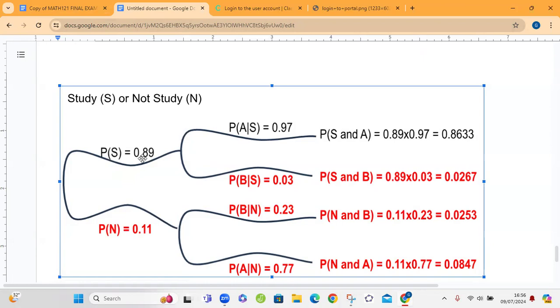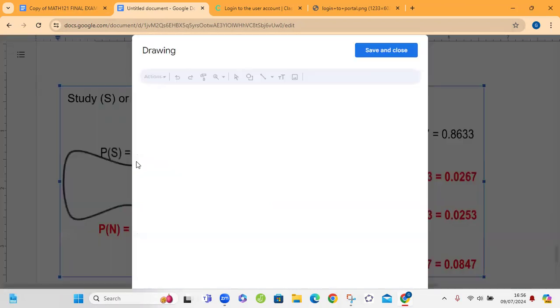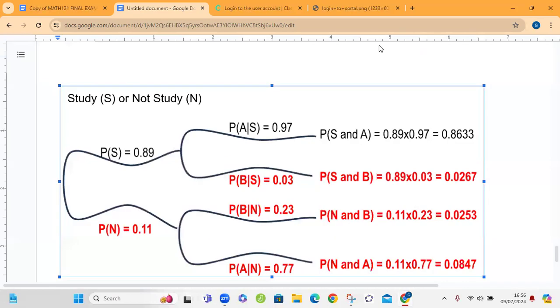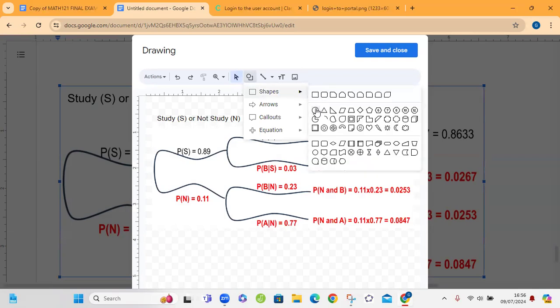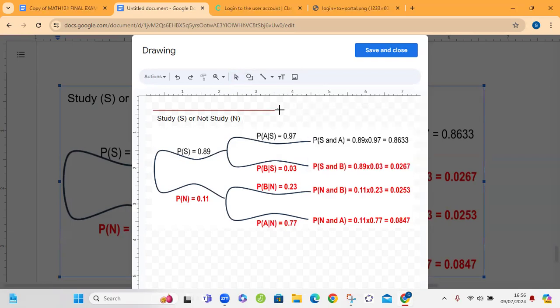Now, since probability values add up to 1, to complete the sum of the probabilities, we can calculate the probability of him not studying by subtracting 0.89 from 1. And the rule for the tree is that across any node, the total probabilities must add up to 1.